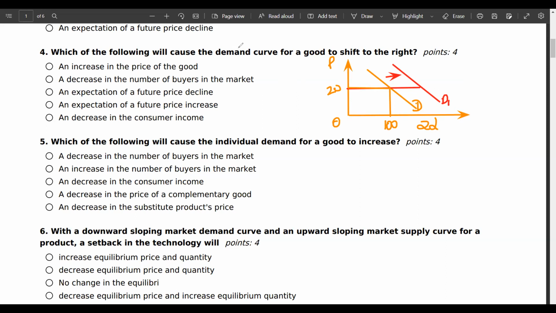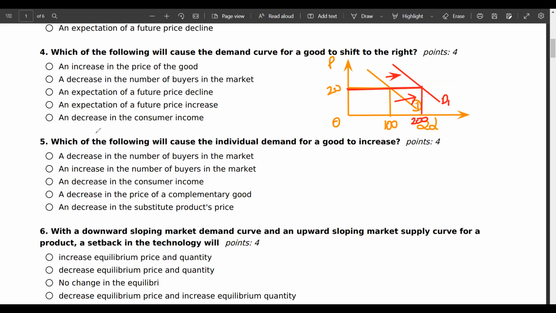But after the demand curve shifting to the right, you can see for the same 20 rupee price, customers are demanding more. Let's say that's about 200 units. That means it would be called an increase in demand. So an increase in demand is what's shown by a shift in the demand curve to the right side.